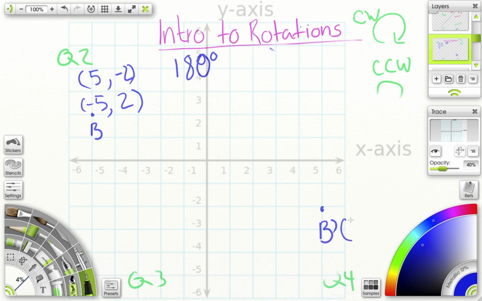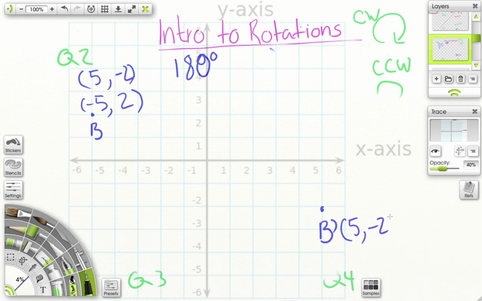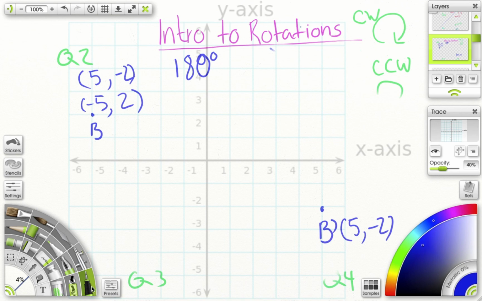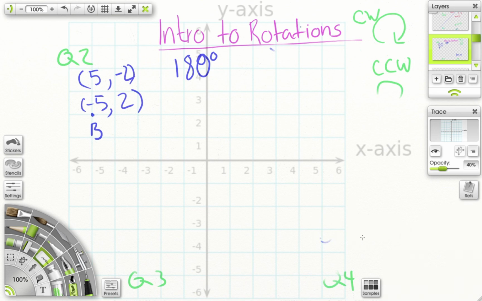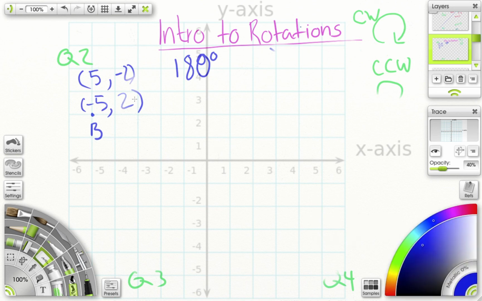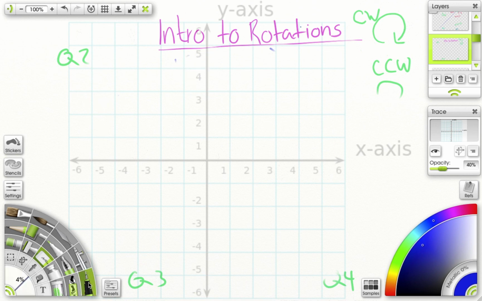And that is 5, -2. That's our 180 degree rotation. Okay. So you have to really self-check here, making sure you're ending up in the right quadrant when you have a point. Because sometimes you'll do it and then you look at it and say, oh, that's the wrong quadrant. I shouldn't be in that quadrant. I should be in the other.